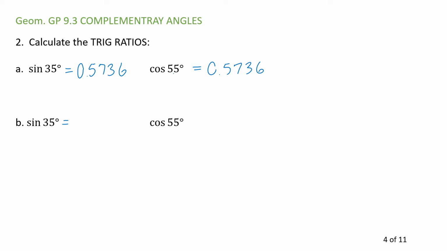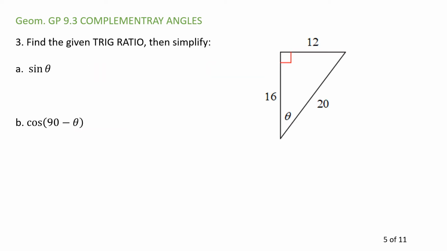I want to do the sine of 55, so I'll have to correct that later. If you do the sine of 55, it's 0.8192. And the cosine of that complement is going to be the same thing. So the sine and cosine are cofunctions of each other because at opposite corners of the triangle, they actually use the same information.